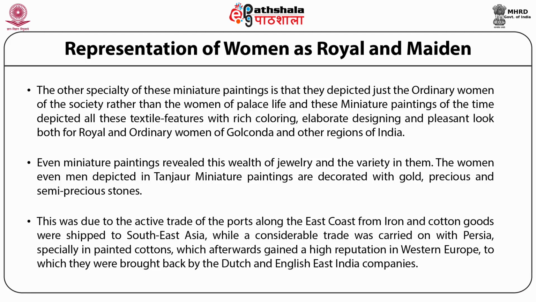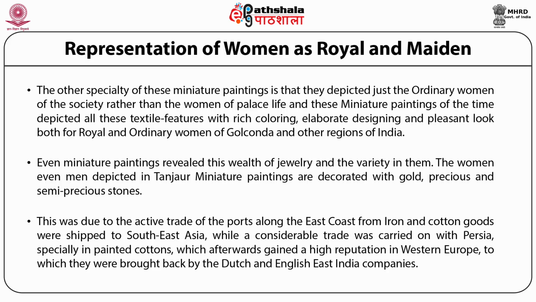This was due to the active trade of the ports along the east coast, from which iron and cotton goods were shipped to Southeast Asia, while a considerable trade was carried on with Persia, especially in painted cottons, which afterwards gained a high reputation in Western Europe, to which they were brought back by the Dutch and English East India Companies. The discovery of diamonds added a further good source of revenue.